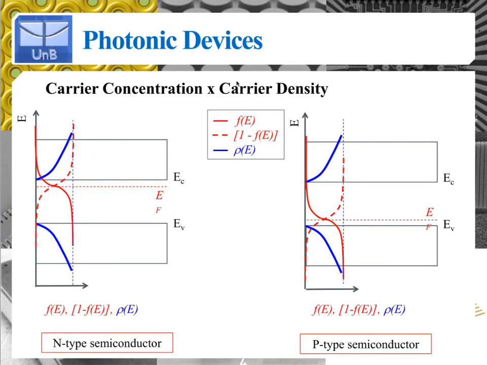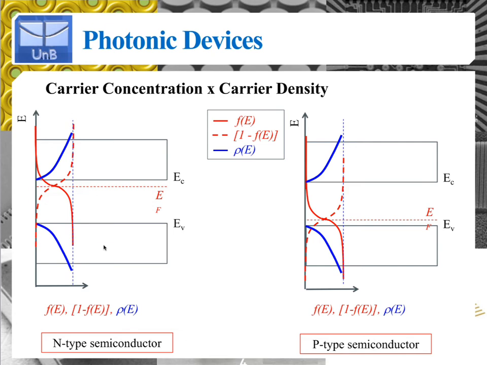Now let's see how the carrier density looks for doped semiconductors. On the left here we have the Fermi distribution for an N-type semiconductor and for a P-type semiconductor. The blue curves correspond to the density of states in the conduction and the valence band, and the full red line corresponds to the Fermi function.